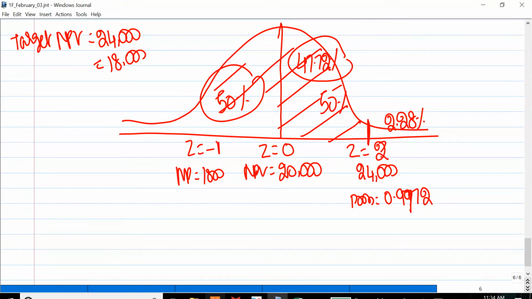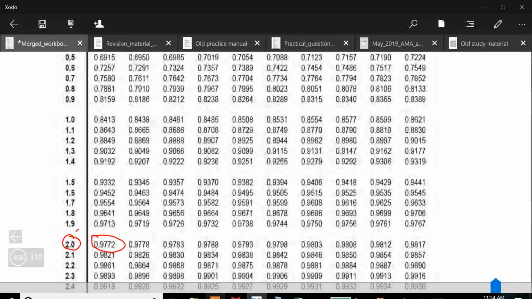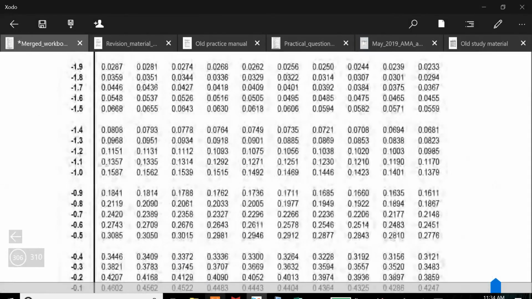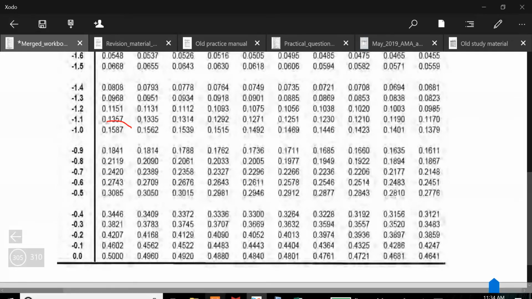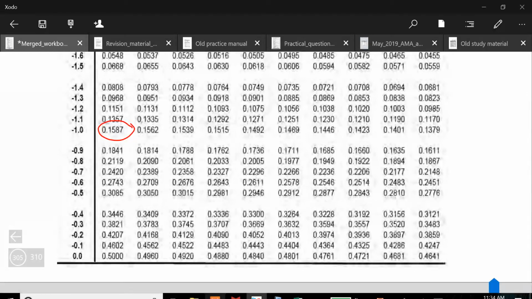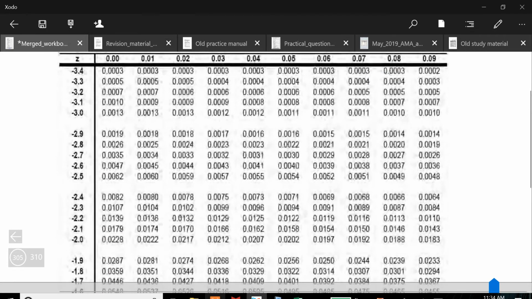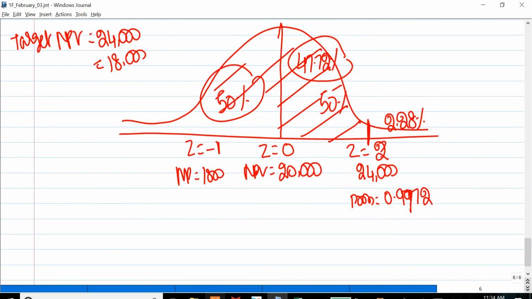Minus 1 of Z corresponds to 0.1587. So here to here is 0.1587. This part is 0.1587.